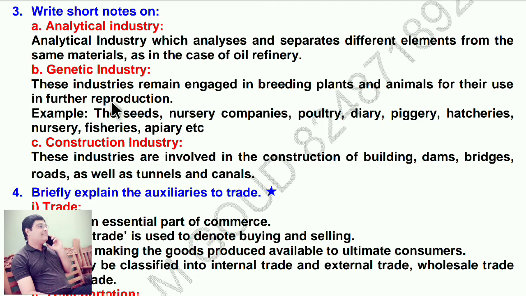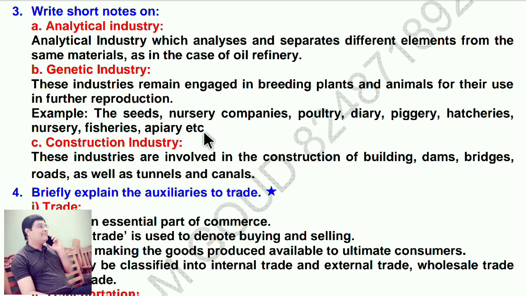Genetic industries: these industries remain engaged in breeding plants and animals for their use in further reproduction. Examples: seeds, nursery companies, poultry, dairy, piggery, hatcheries, nursery, fishery, apiary, etc. are known as genetic industry.